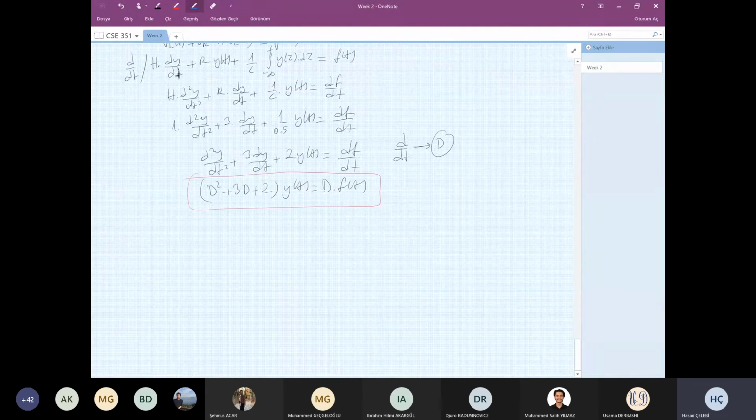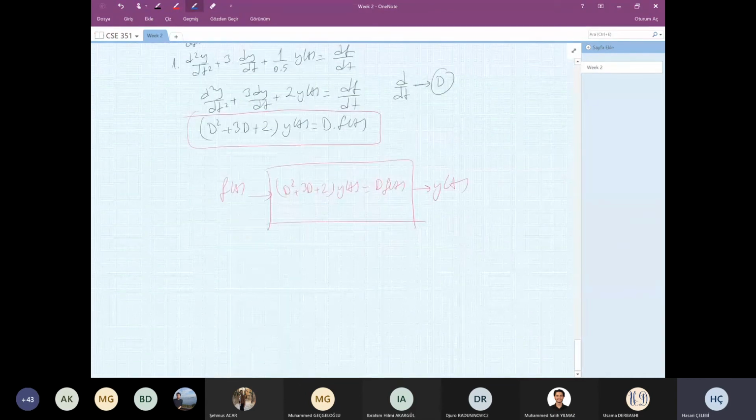So this is my system equation, basically. If I want to model this system, it's going to look like this: D squared plus 3D plus 2 times y of t is equal to D f of t. In this case, the input is f of t and the output is y of t.